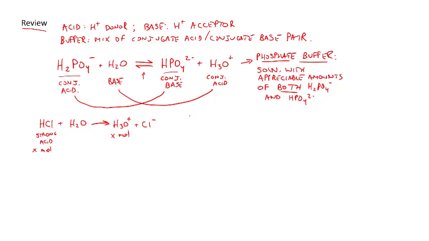Now, let's instead consider the case where we add HCl to a phosphate buffer solution. What's going to happen in that case is that our HCl is going to protonate not so much the water, although that will happen to a small extent, but our conjugate base.